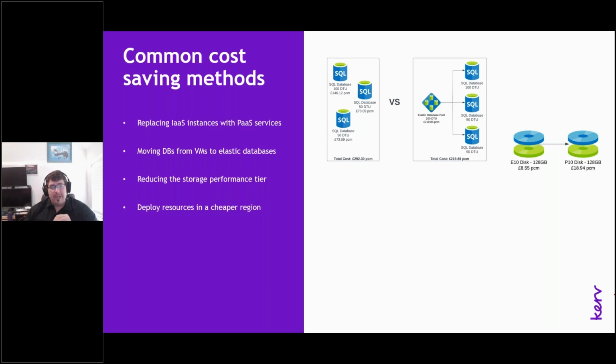So dropping from a P to an E, as per the image on the far right, will take your premium disk costing you £18 a month down to only £8.55 a month. Now, it may seem like not a big deal. However, what we see time and time again is that storage is one of the largest costs in any organization's overall Azure costs. So really, in this instance, you look after the pennies, then the pounds will come.